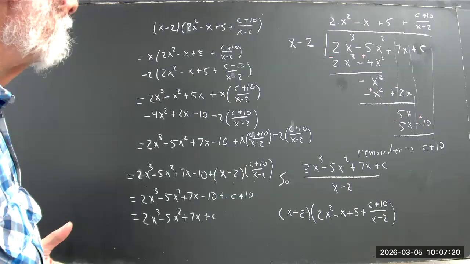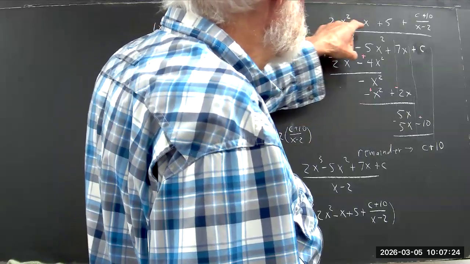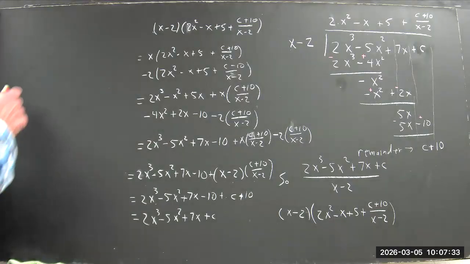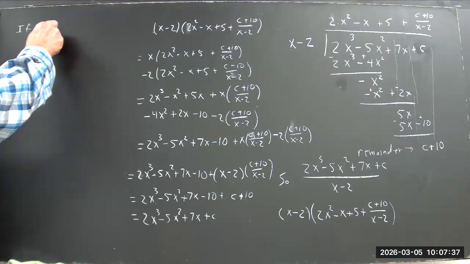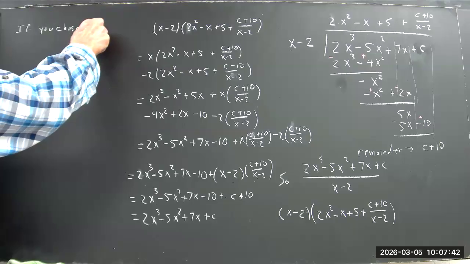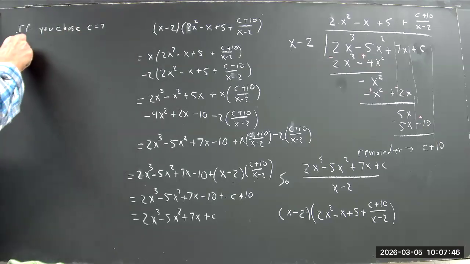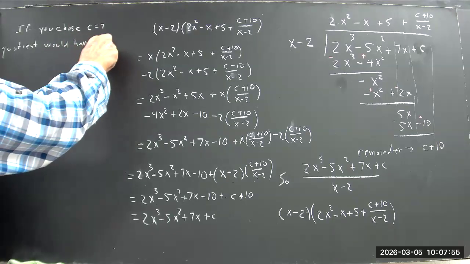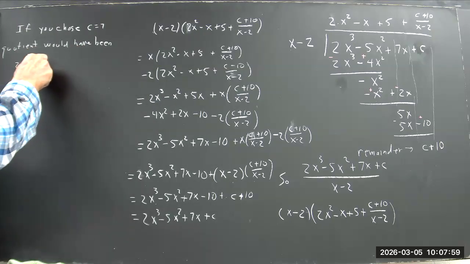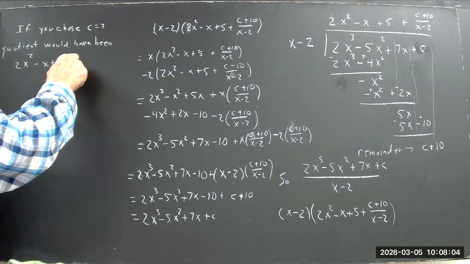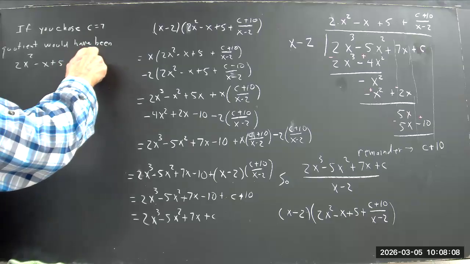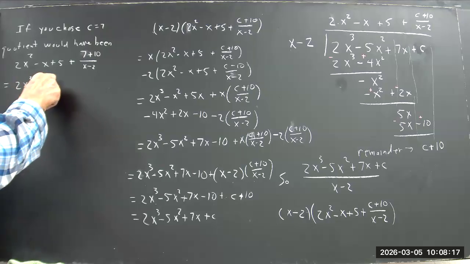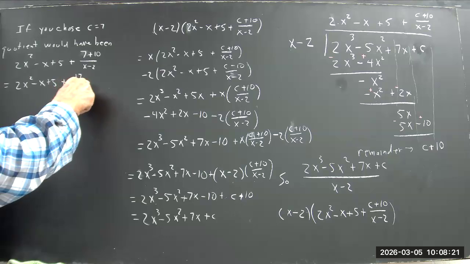So if you'd let c equal 7, then the quotient would have been 2x squared minus x plus 5 plus 7 plus 10 over x minus 2, which would just be 2x squared minus x plus 5 plus 17 over x minus 2.